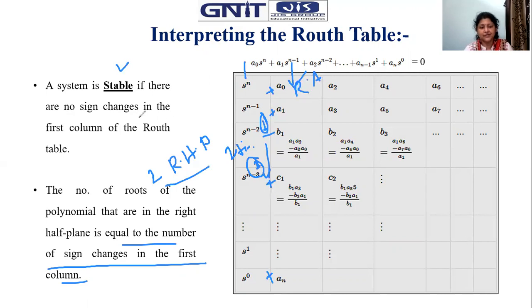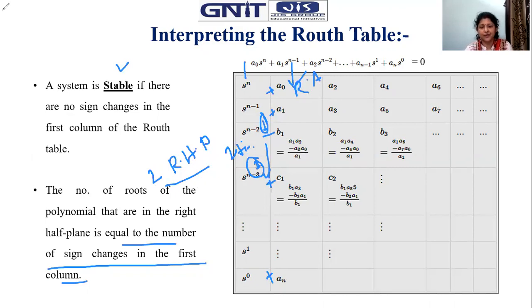So for a stable system, we get no sign change in all the column entries. All may be positive, all may be negative, but there should be no sign change. But if any sign change occurs, we have to count the number of sign changes, and that gives the number of right-hand side poles. So for this specific example, the system has two right-hand side poles.